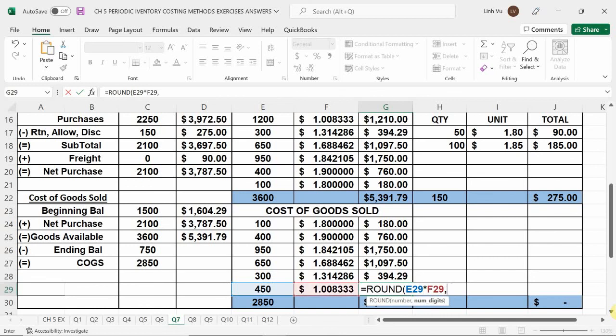So what's my total cost of goods sold if I sold 450 units at $1.833333? Okay, the 450 was taken out of the 1200, right? Correct. Okay.